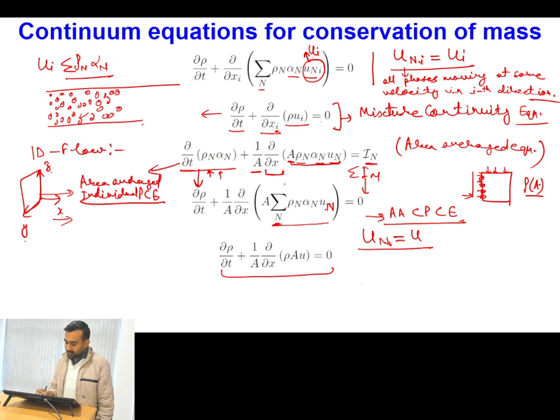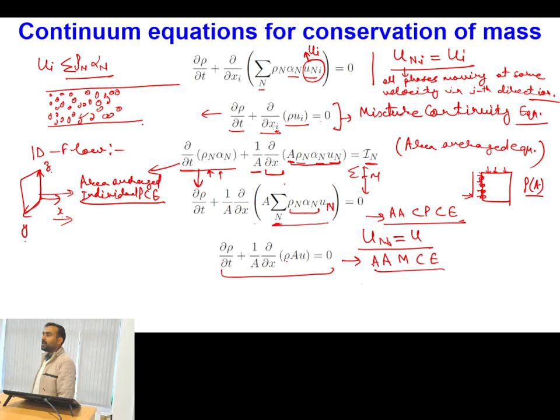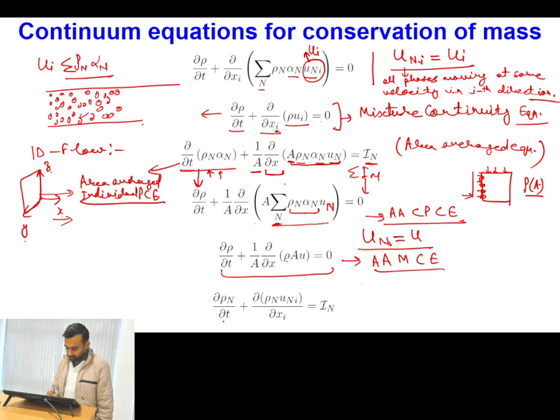So if the velocity of all the phases is the same, then this u can come out of the summation, and inside the summation this quantity will become rho, so rho A u. So this is nothing but the area averaged mixture continuity equation, AAMC, area averaged mixture continuity. Okay, is this one clear?